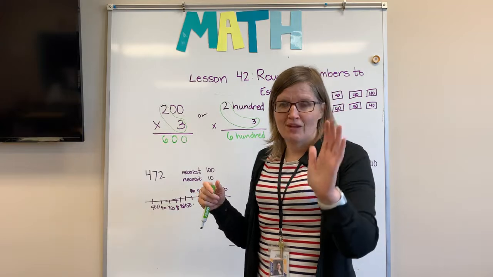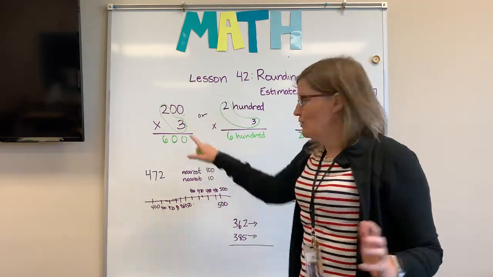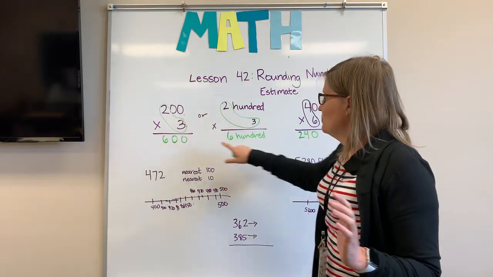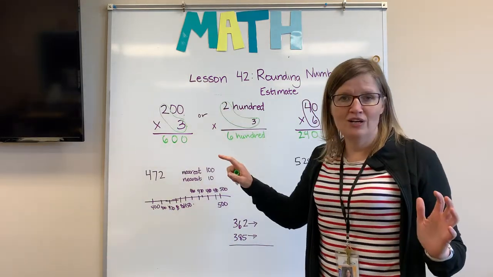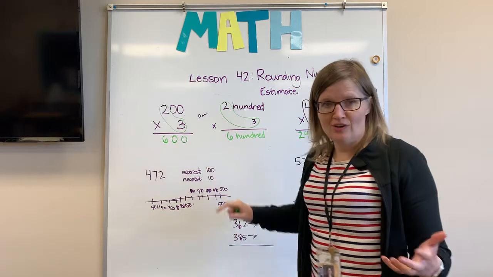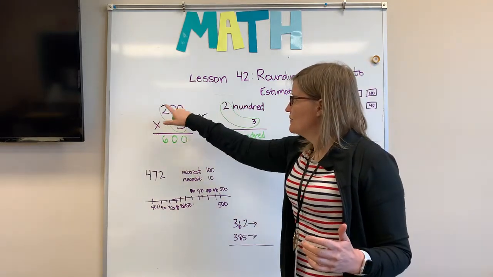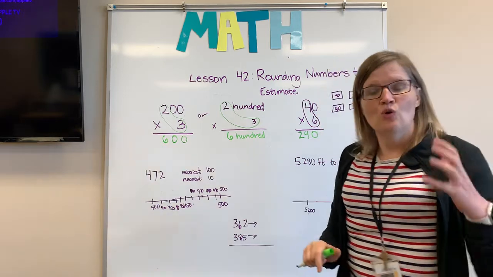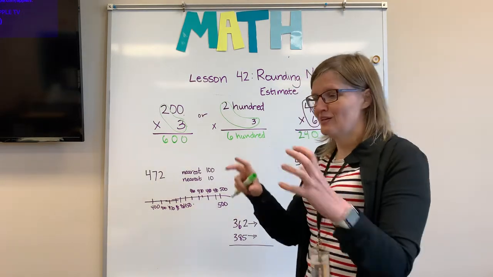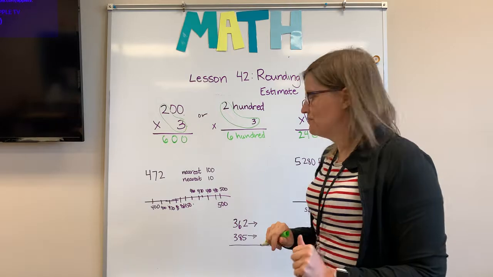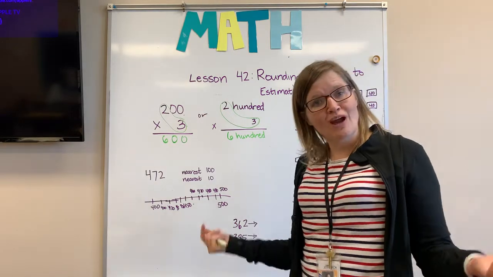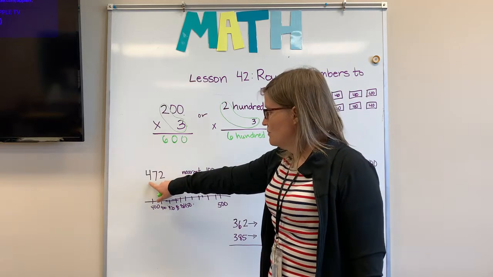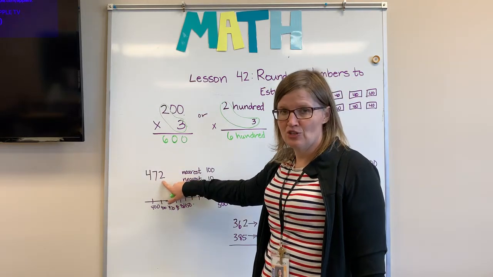Okay, our next step. Now that the first part is learning how to multiply with multiples of 100, you just add the zeros. You do the first part and then add the zeros. The second thing is knowing how to get numbers to where they have zeros on the ends. So we need to talk about rounding. Here's our number, 472.